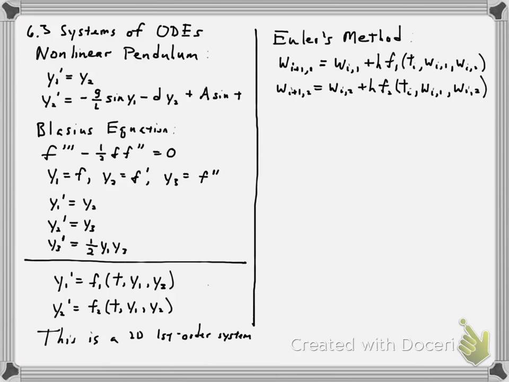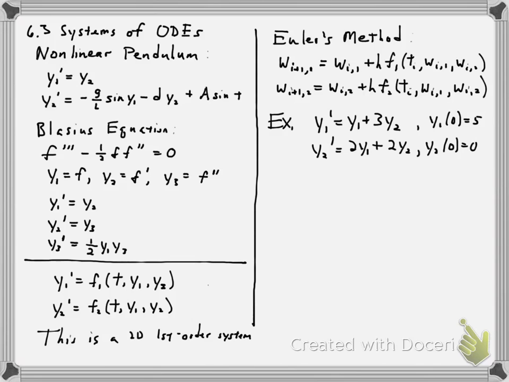So the example we're going to look at is y1 prime equal to y1 plus 3y2 and y2 prime equals 2y1 plus 2y2, and we have initial conditions y1 of 0 equals 5 and y2 of 0 equals 0.